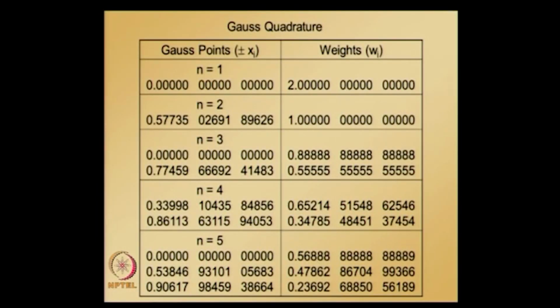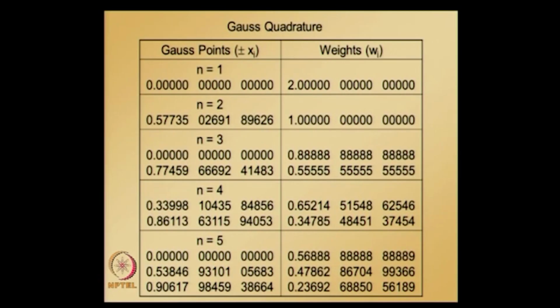In the last class the values corresponding to n equal to 1 were not shown, but here they are included. So how to read this table? This table is partial, it shows from n equal to 1 to n equal to 5 the Gauss points and the corresponding weights.